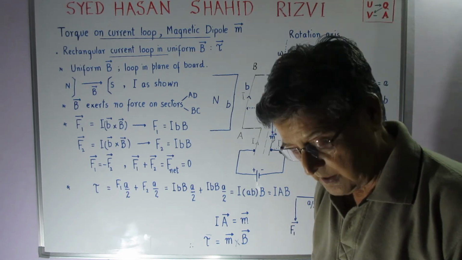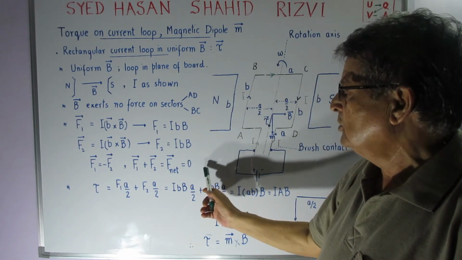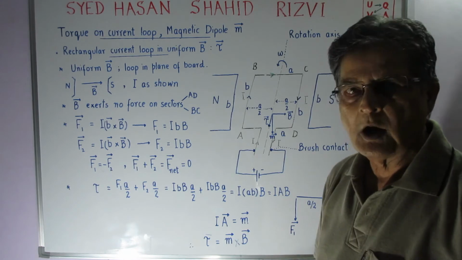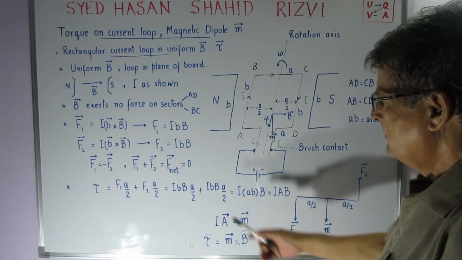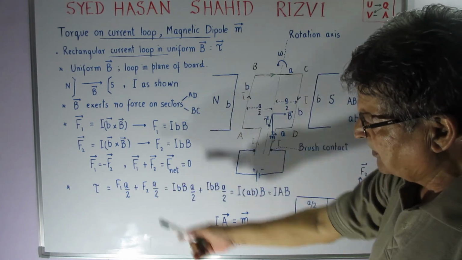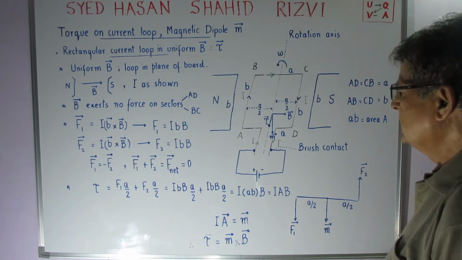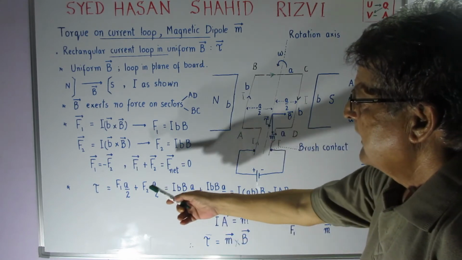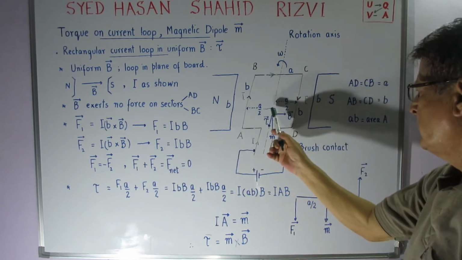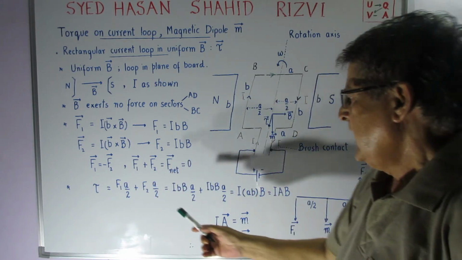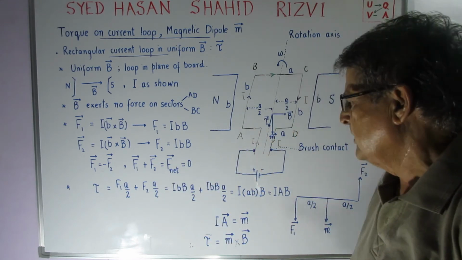But although the net force acting on the system is equal to 0, there is a torque, and the torque can be measured. I am writing the magnitude. The torque that will happen over there is F1 into a by 2, this is a by 2, and F2 into a by 2, this is also a by 2.